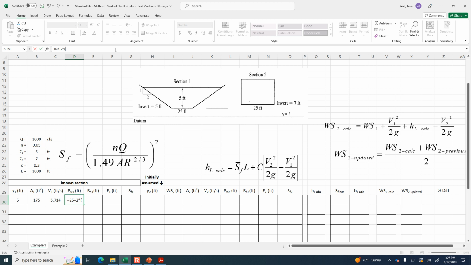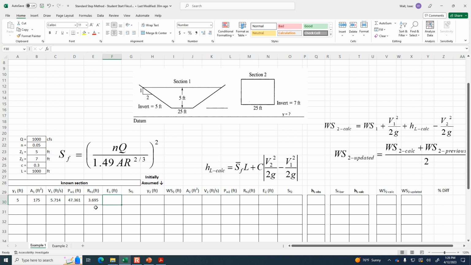So square root of 5 squared plus 10 squared. 47.361 is the wetted perimeter for that trapezoidal channel. Okay, hydraulic radius equals area divided by wetted perimeter.